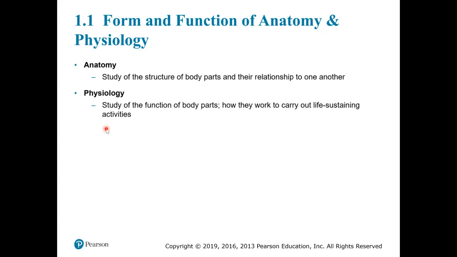Like DFW Airport. Is DFW Airport north, west, east, or south? Northwest, east, or south? Well, that certainly depends on where you are, isn't it? DFW Airport is the name of a location, like the name of a body part. So where is it? Well, DFW Airport is west of downtown Dallas, but east of downtown Fort Worth.